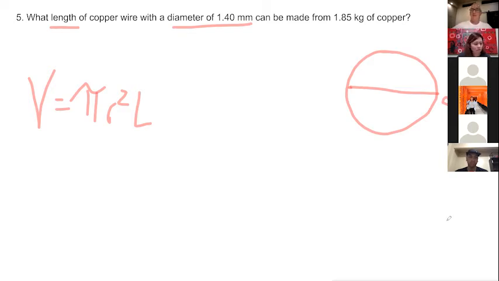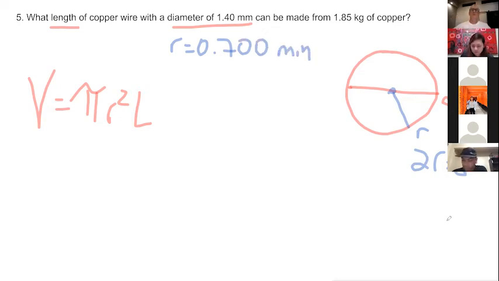So radius goes from the middle to the end. So there's 2 radii in a diameter, right? So our radius is 0.700 millimeters.